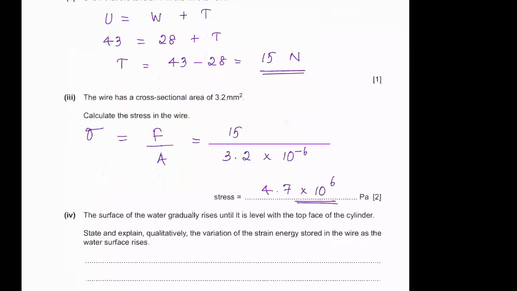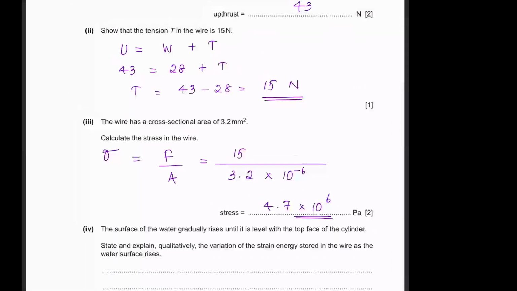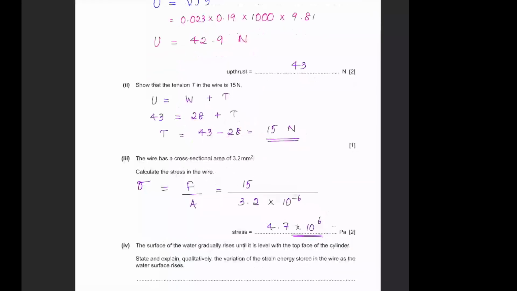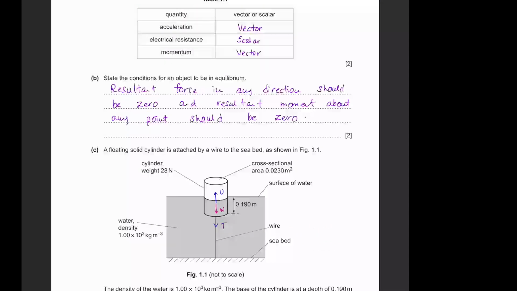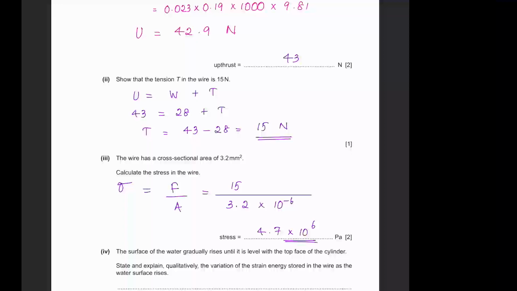Right. The surface of the water gradually rises until it is level with the top face of the cylinder. State and explain qualitatively the variation of the strain energy stored in the wire as the water surface rises.